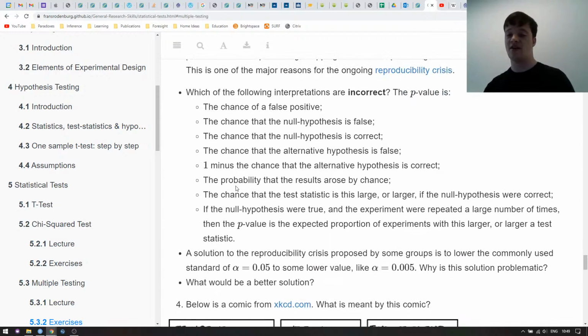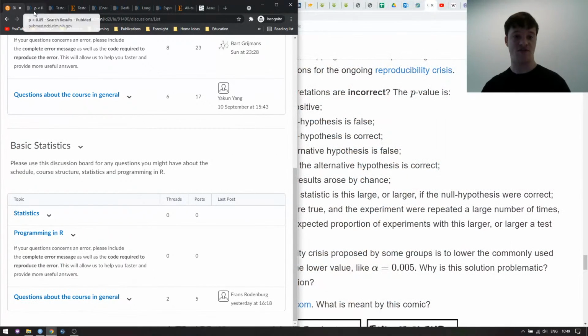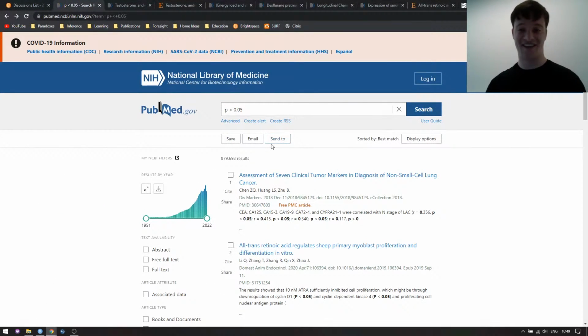If any of these sound to you like they could be correct, even though they're not, then we can talk about that tomorrow. The last thing I want to show before we get to the practical is just that the reproducibility crisis is real. I had to find a way to find bad articles.